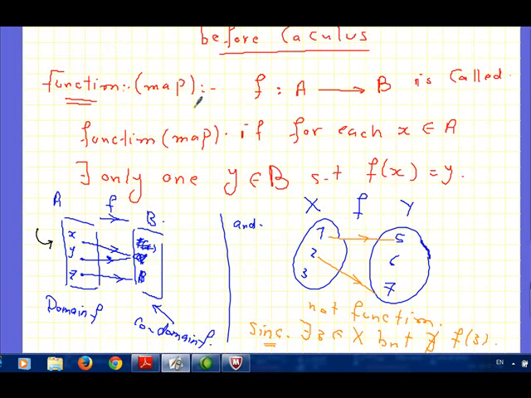Now, before calculus, I have to define what we mean by a function or image. A function is a transformation from two non-empty sets A and B. We call it a function if for each x element in A there exists one and only one y element in B, such that f of x equals y.